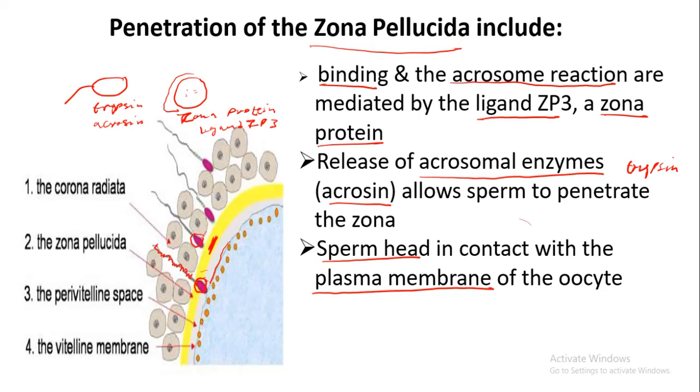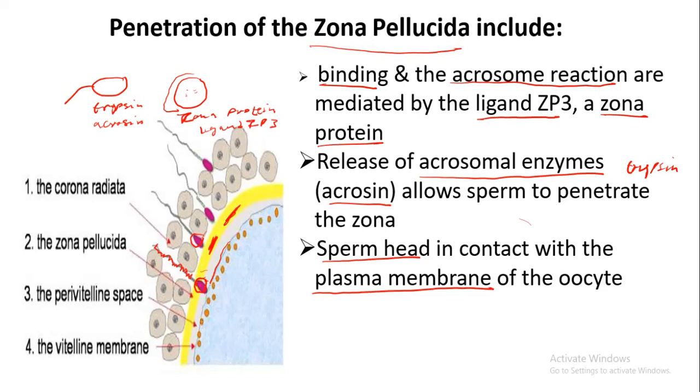Now, the permeability of the zona pellucida will be under control. This zona pellucida will say, no more sperms. It's like most women: once they have one boyfriend, any other man who comes into their life, they'll say, no, I have a boyfriend. This is the same thing which happens to the zona pellucida.